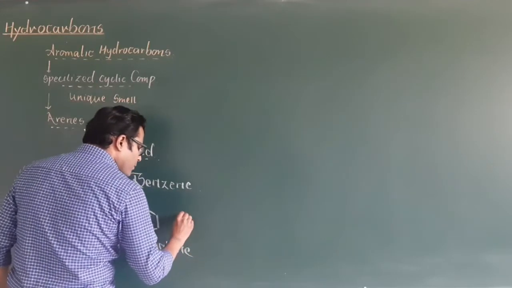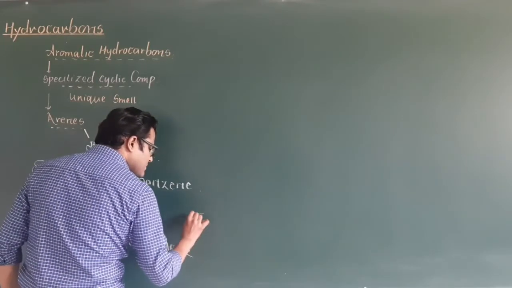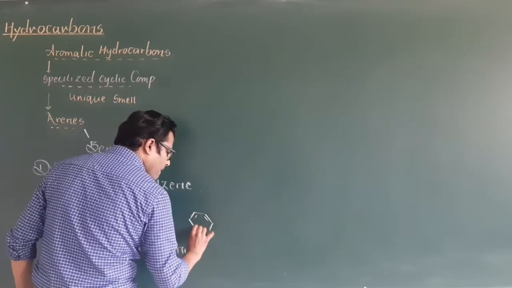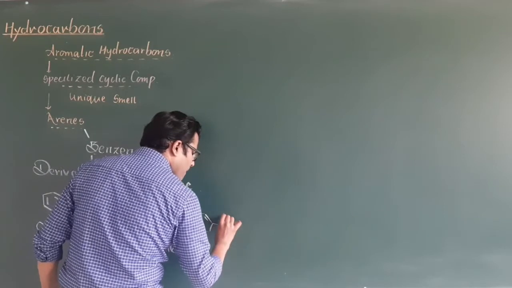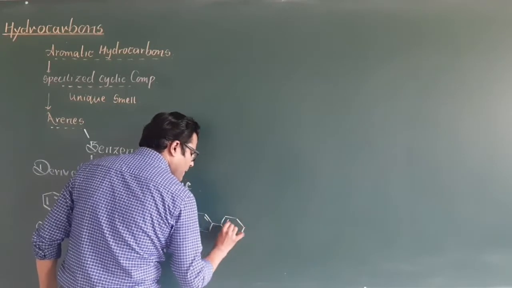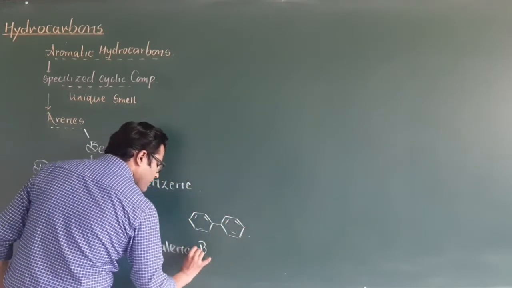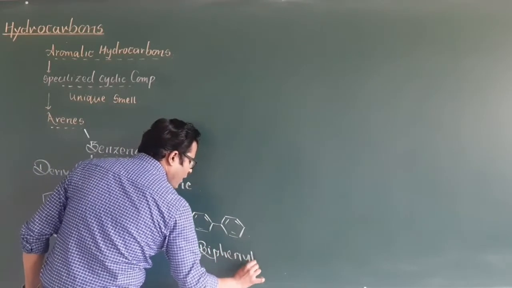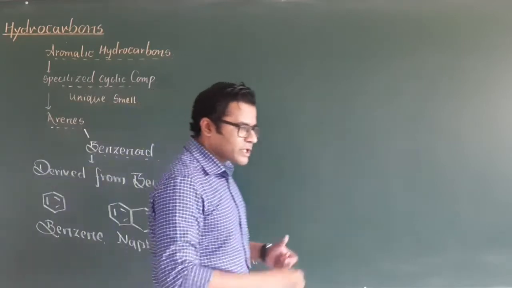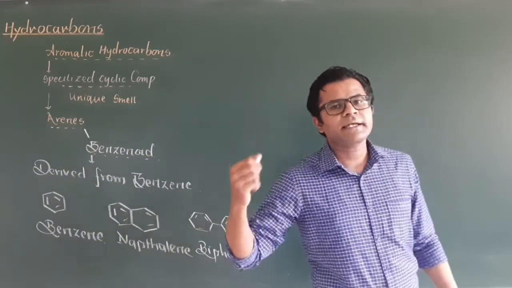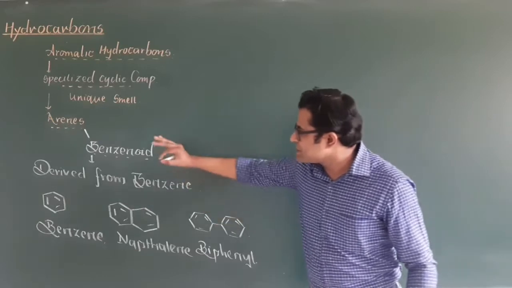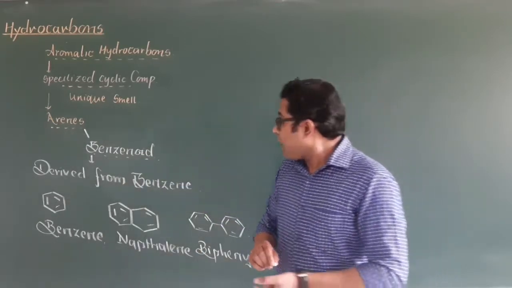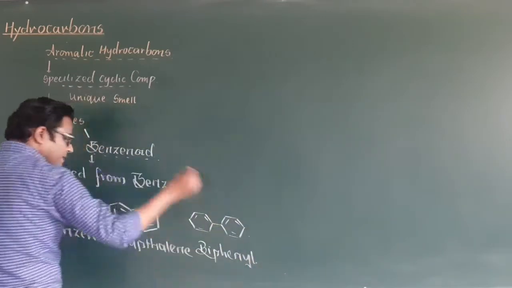I would like to take another one over here, something like this. Now these over here are the biphenyls. All of these systems which are derived from benzene fall under the category of benzenoid type of compounds. Now, how to name these systems?